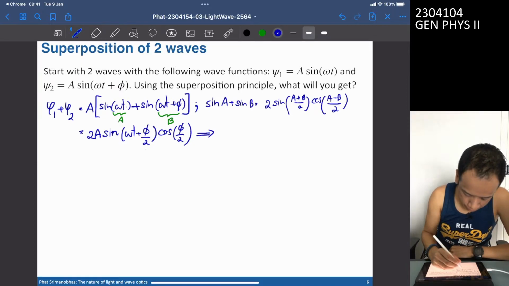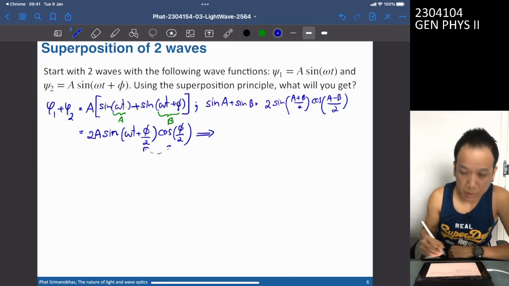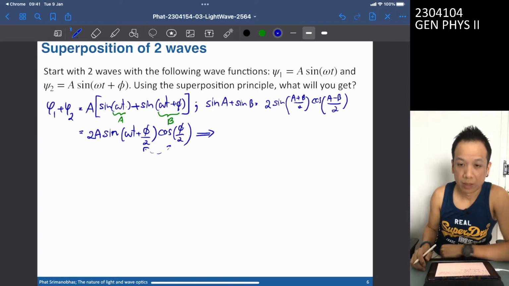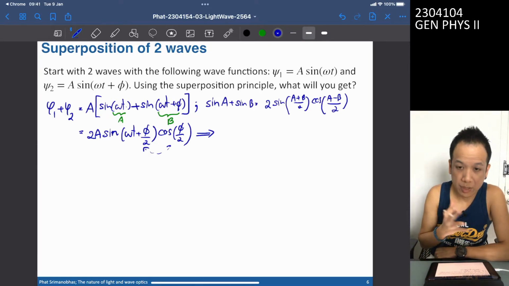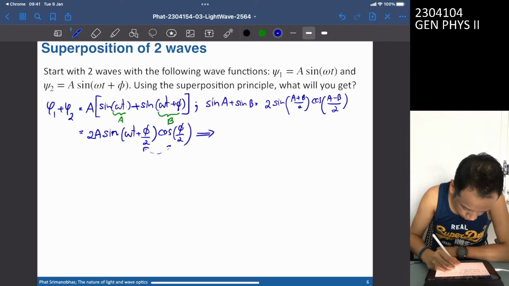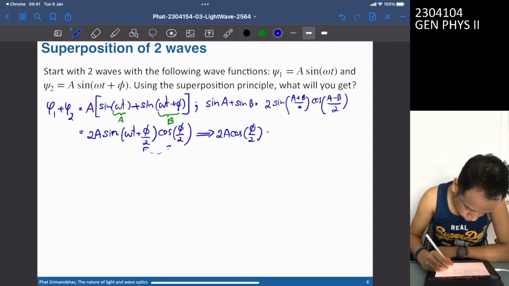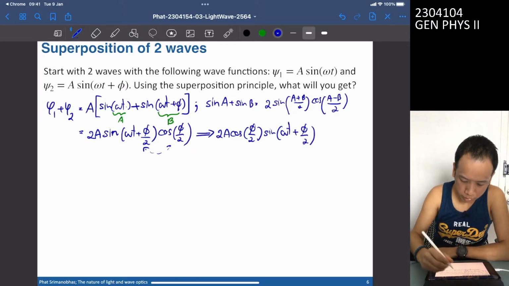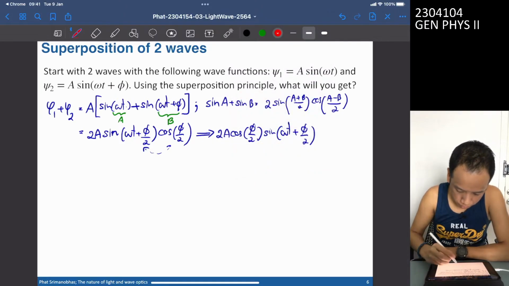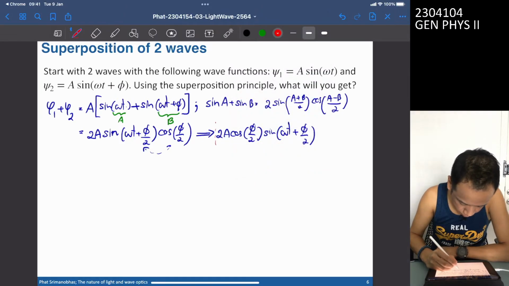So if I just switch these two terms to make an easier form for you to look at, it becomes 2a cosine phi over 2 times sine of omega t plus phi over 2. In this form you see that the first factor is not time dependent.